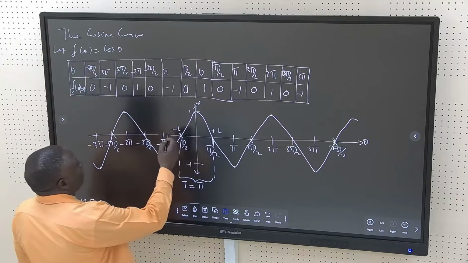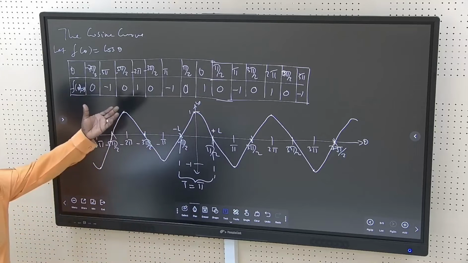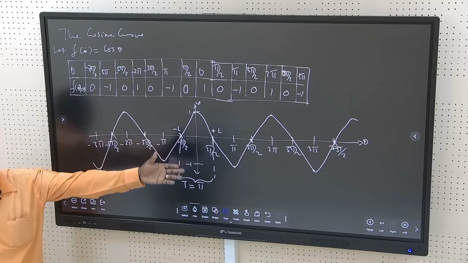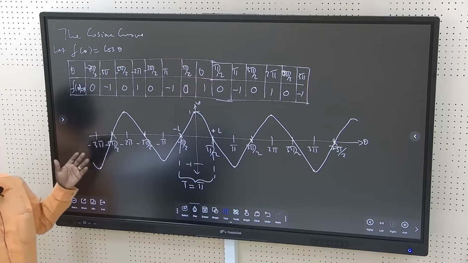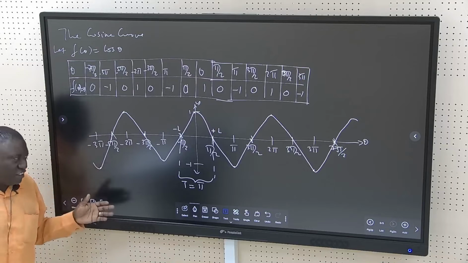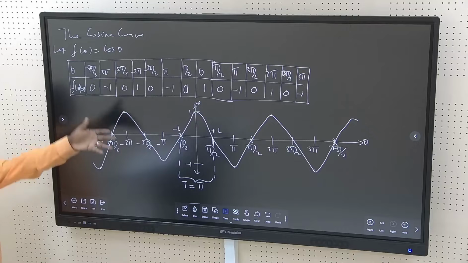We say the symmetric region is from negative L to positive L as we consider the x-axis. So these are good examples of the symmetric regions and periodic functions.